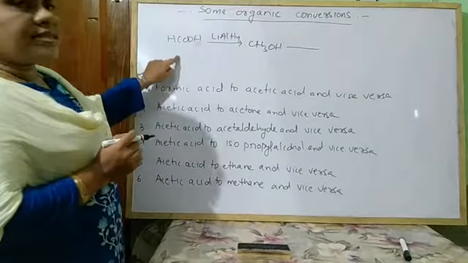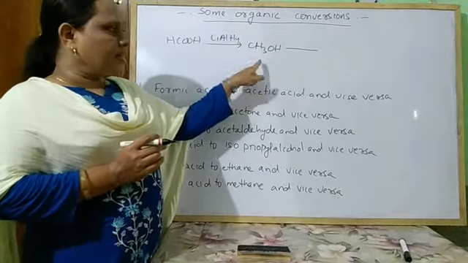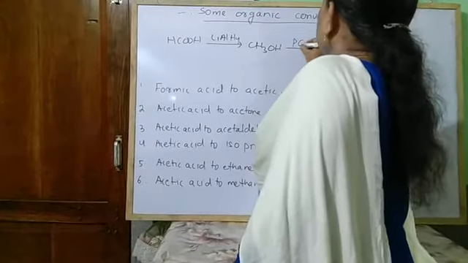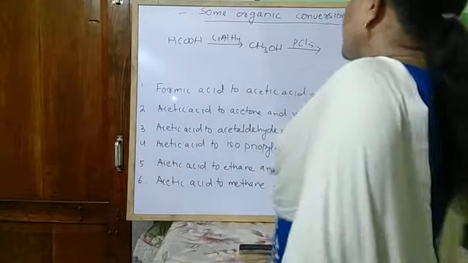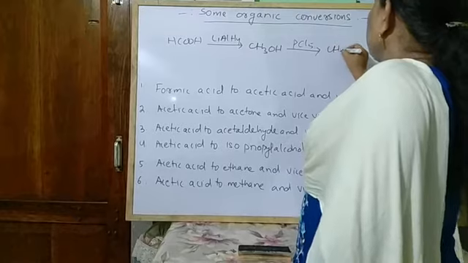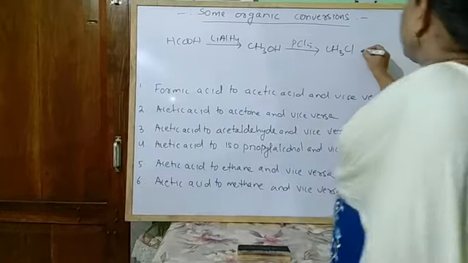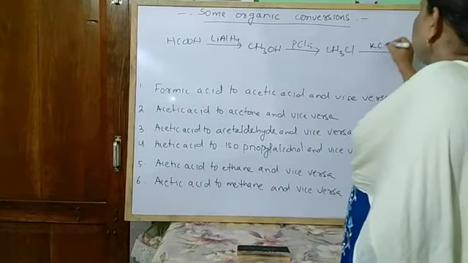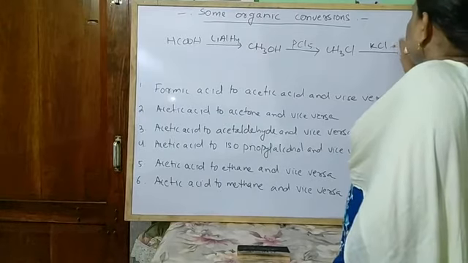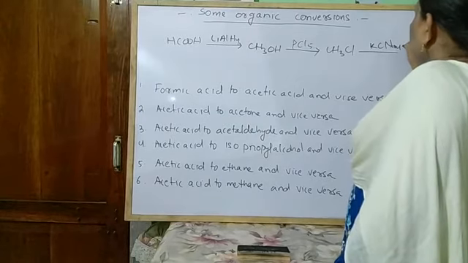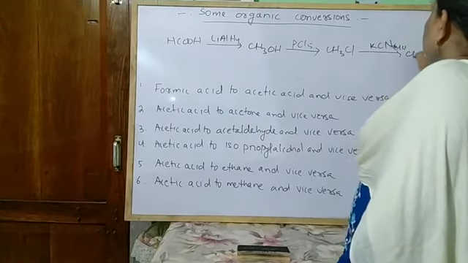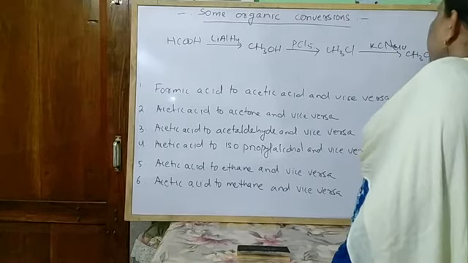So formic acid with lithium aluminum hydride first gives methyl alcohol, and methyl alcohol reacts with phosphorus pentachloride to form methyl chloride. Nitrilation means you have to add potassium cyanide in alcoholic medium so that it gives methyl cyanide.